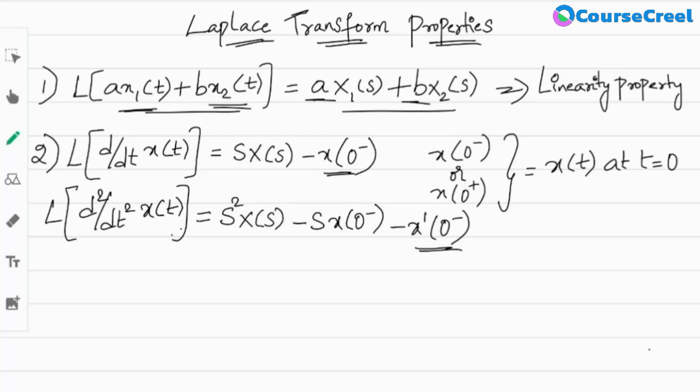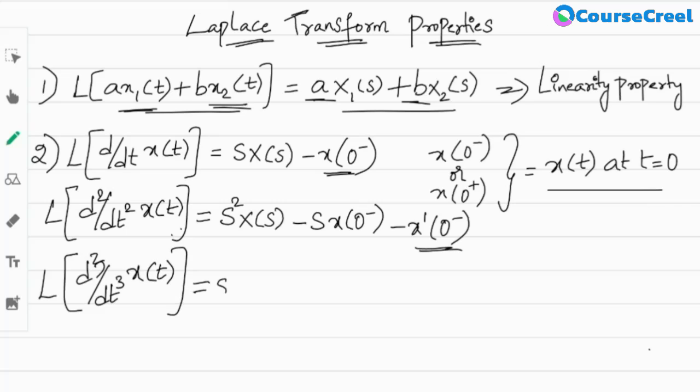X dash of 0 minus is nothing but the first derivative of x of t at t equals 0, and Laplace transform of d cube by dt cube of x of t is equal to s cube x of s minus s square x of 0 minus s into x dash of 0 minus x double dash of 0 minus.